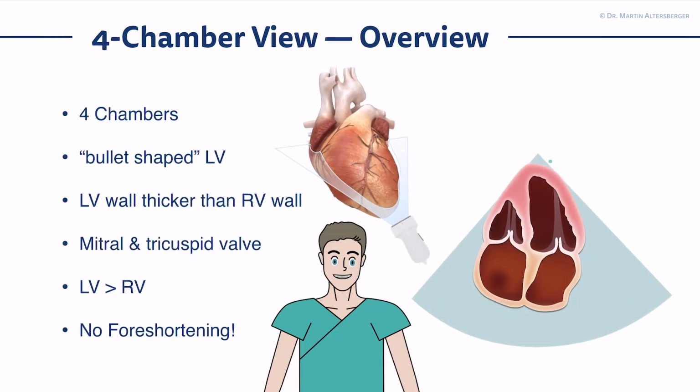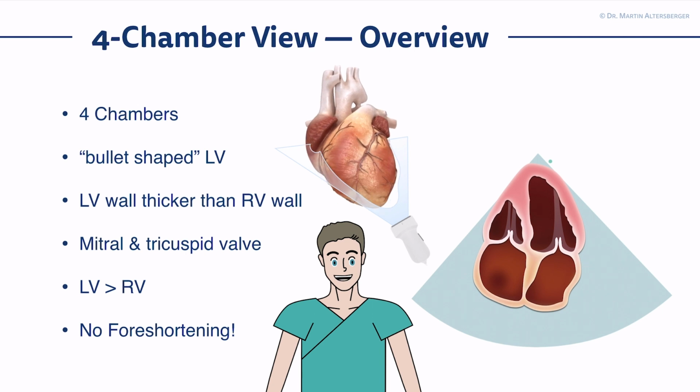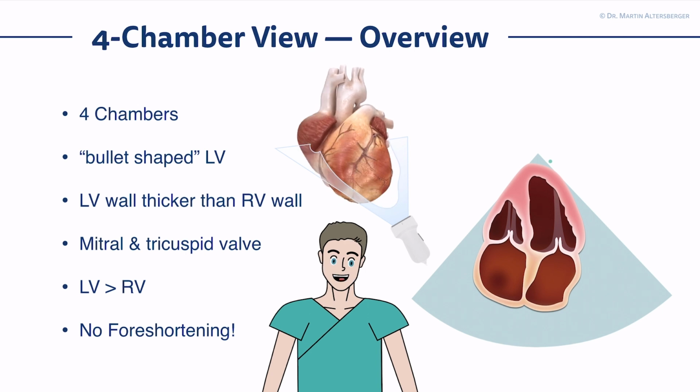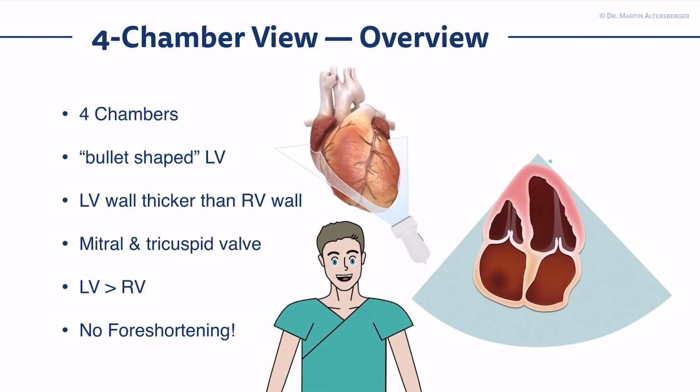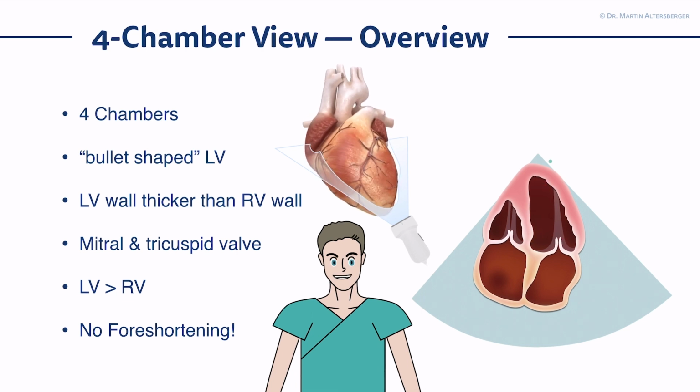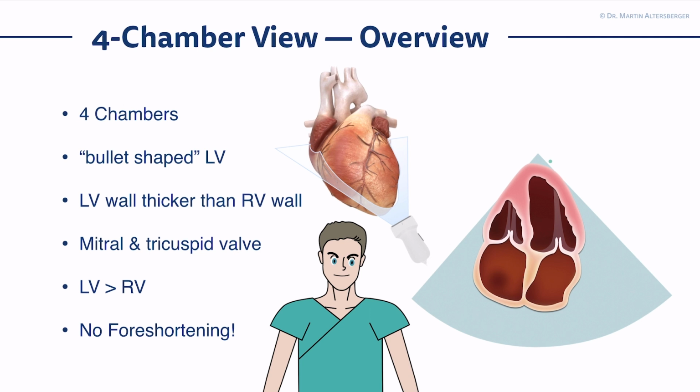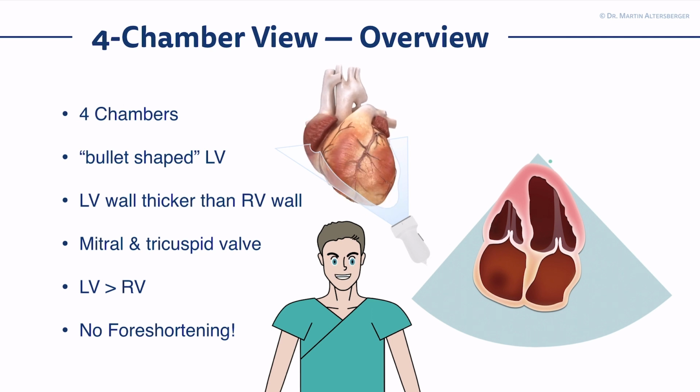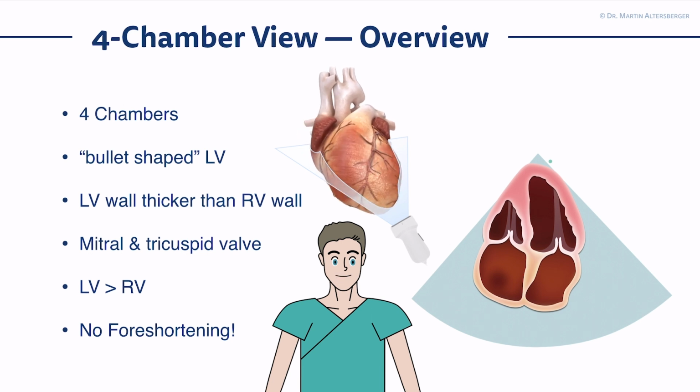The 4-chamber view gives you the overview of all 4 cardiac chambers. The left ventricle, seen over here, has to be bullet-shaped. Of course, the left ventricular wall should be thicker than the right ventricular wall. That's due to the pressure difference in those chambers. You also have to find valves and valvular structures.